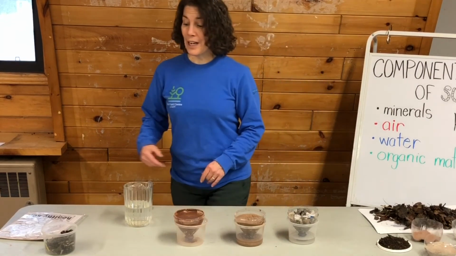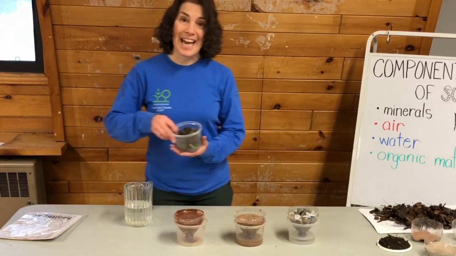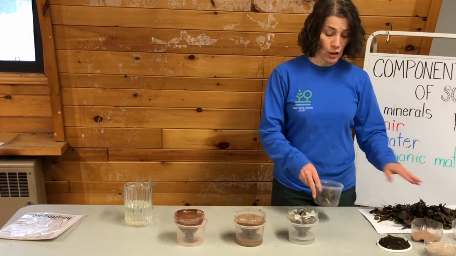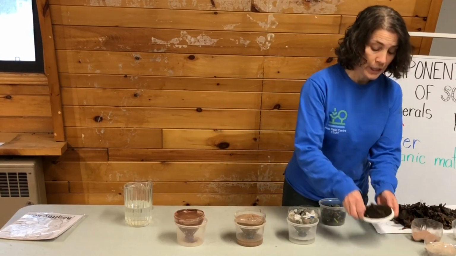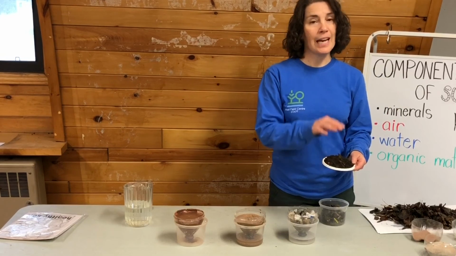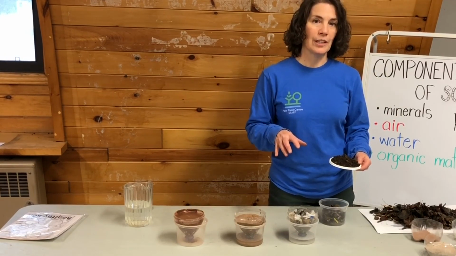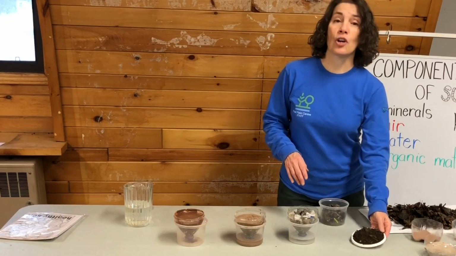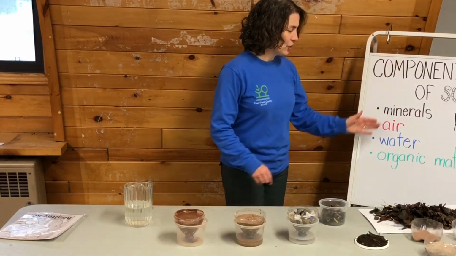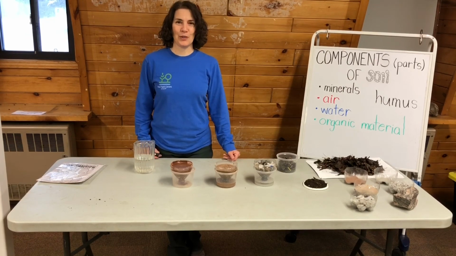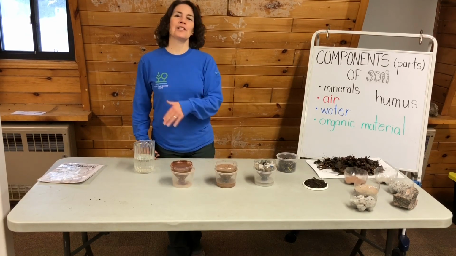Remember, we also need that organic material. Without this organic material and the worms, we do not have humus. And without the humus, we do not have a healthy soil. A healthy soil is a combination of each of these things. Now, we have more things to explore, but let's take our explorations out.